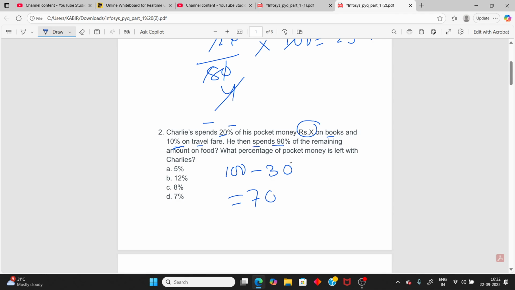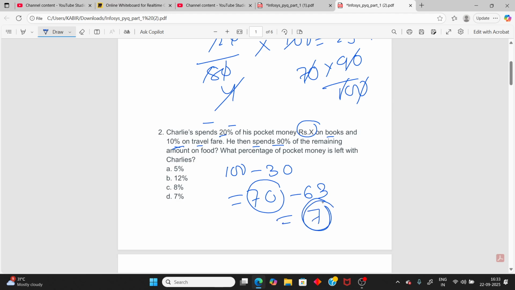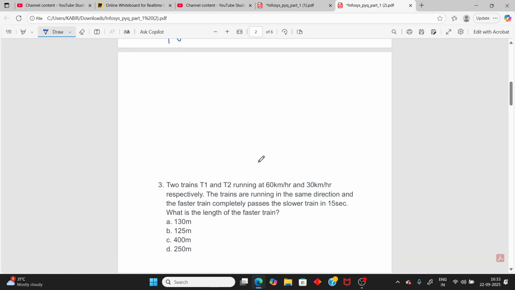Now he spends 90% of these 70. How much does he spend? 70 into 90%, that is 63. So you are left with 7 rupees. So 7 rupees are left from the beginning 100. You started with 100, left 7. The percentage is actually 7%. That is your answer.